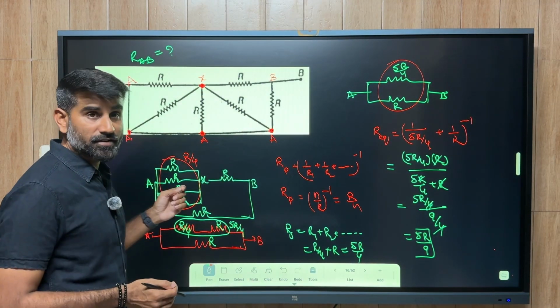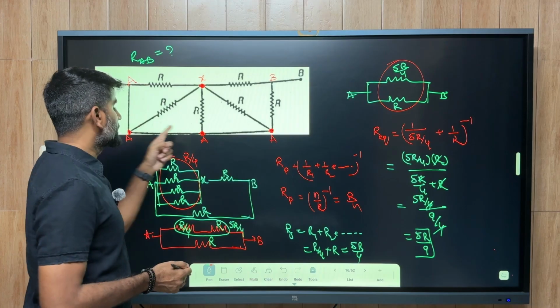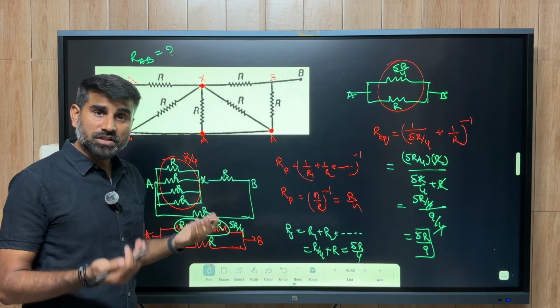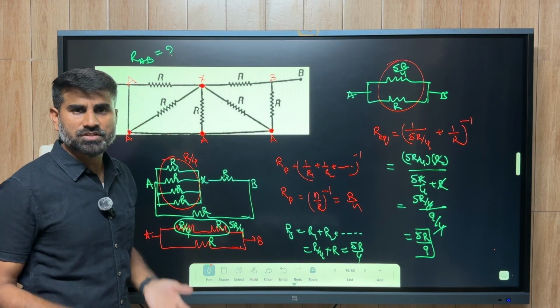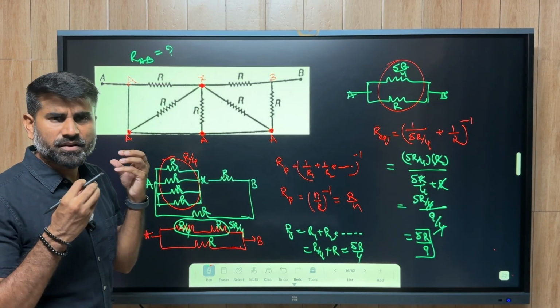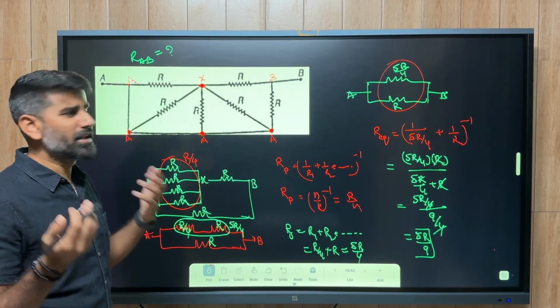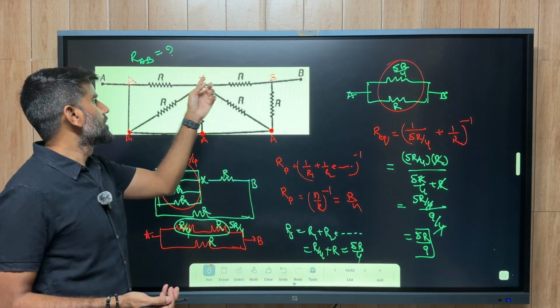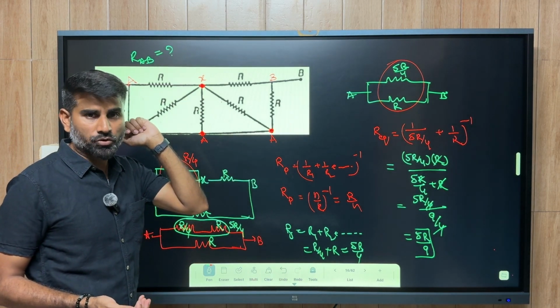So what we have done exactly is, we have assigned the potentials, especially known potentials, first, and we assign some letters like X, Y, Z, A, P, Q to the unknown potential nodes.